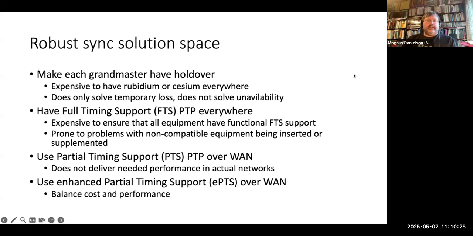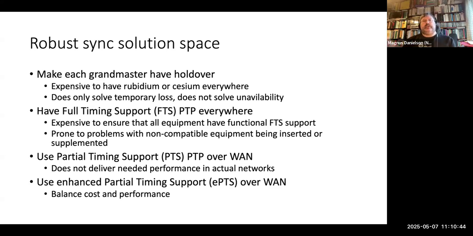So let's look at the different ways of doing this. One way, of course, is you can make your PTP grandmaster have holdover. If you go for rubidium or cesium, that's kind of an expensive route. It's possible.